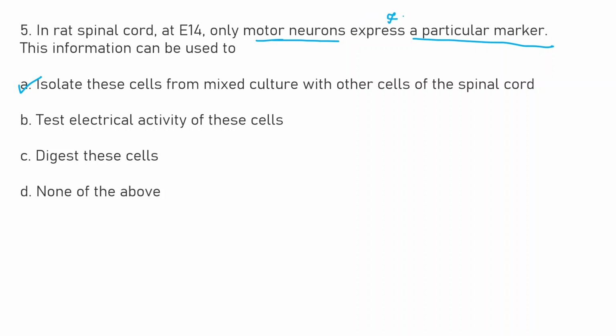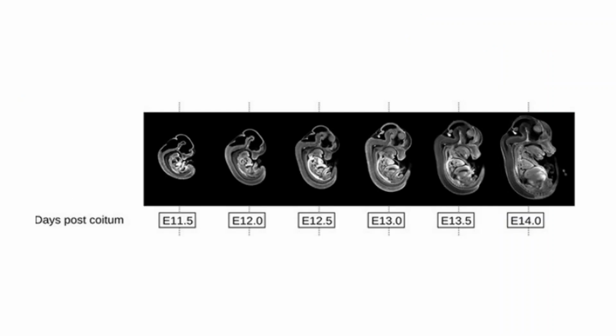We can use FACS, because it is expressing a particular marker. So we can sort our cells of interest depending on that particular marker, just as I discussed for the CD45 positive cells, for example, leukocytes. So this is the same principle.